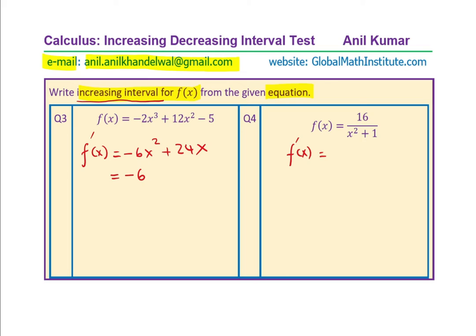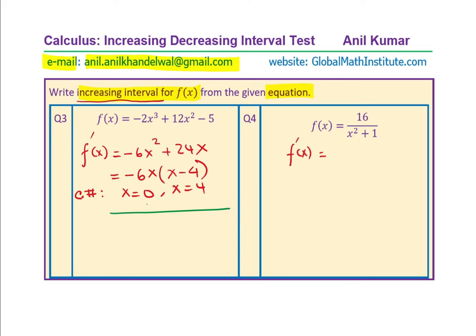Well, minus 6 and x are common. So we get x minus 4. So find the derivative, critical numbers, right? The critical numbers are x equals 0 and x equals 4. Correct?